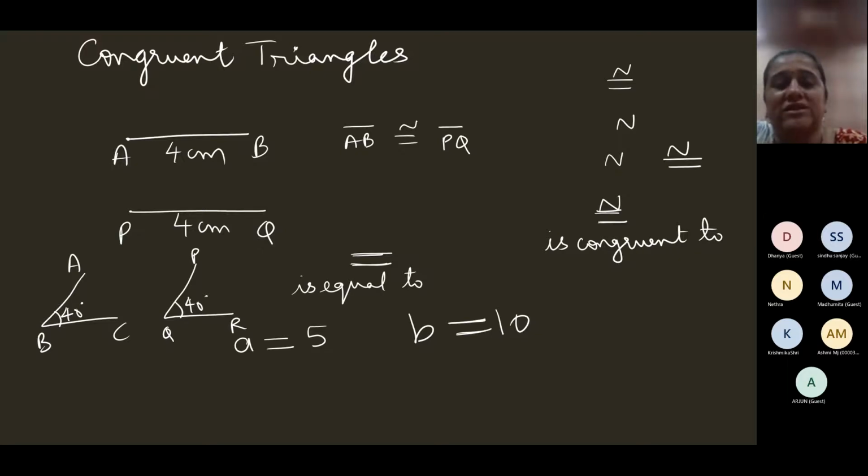If at all the triangles are congruent, you can easily prove that they're congruent. You don't have to compare all the corresponding three sides and the corresponding three angles. It's enough if you compare three parts. Which three parts, we'll see now.